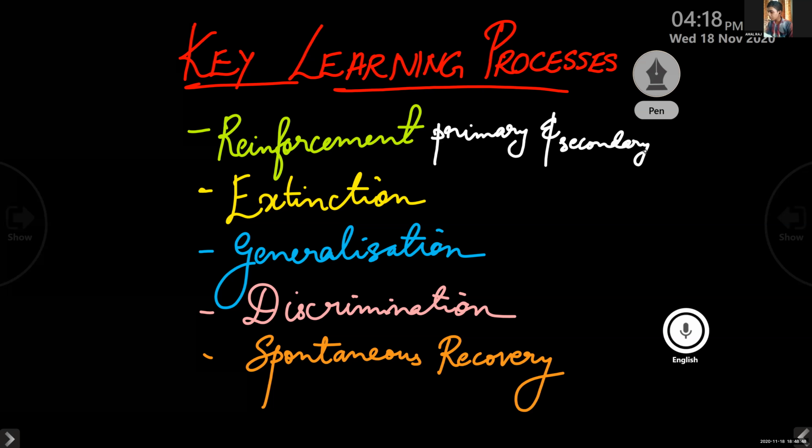It has been demonstrated that after a lapse of considerable time, the learned or CR recovers and occurs to the CS, depending on the duration of the time lapse after the extinction.